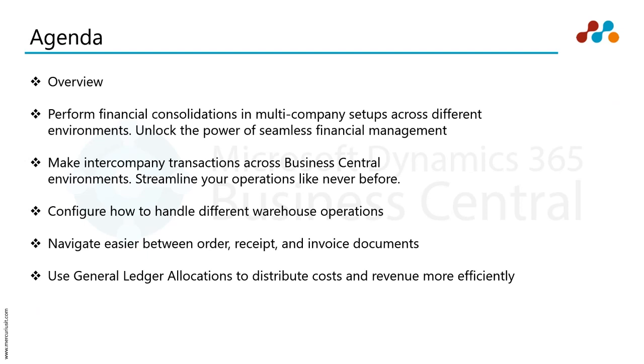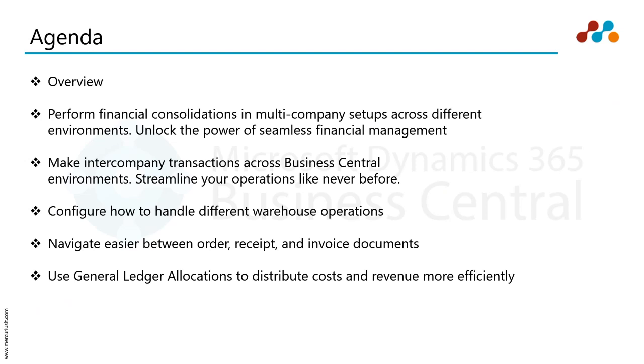We will then see how to configure the different warehouse operations. Then we will go through one utility that Microsoft has provided to make navigation easier between the orders and the posted documents. After that, we will see the use of General Ledger Allocations, the new feature that has been introduced by Microsoft. And at the end, we will talk about Copilot.